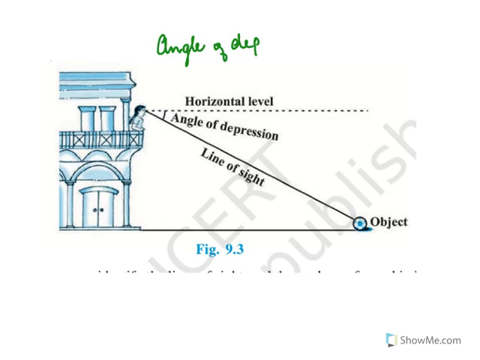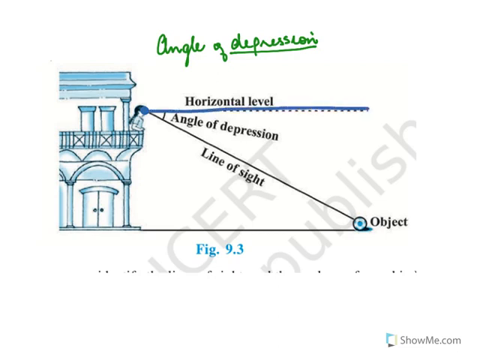Next we learn angle of depression. Now the angle of depression comes into the picture when we are looking down. So the point of observation is up. Like in this case you can see this girl, she's standing up here and she's looking at an object down. So again we need to draw two things. First we need to draw the horizontal, which is here.